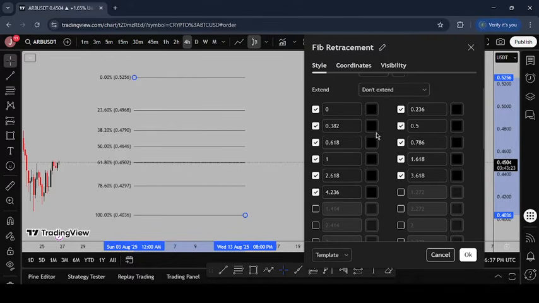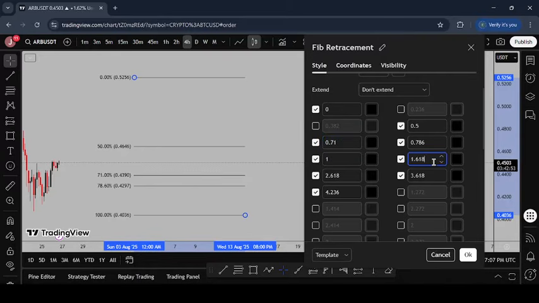So for the fib levels, I take out the 0.2 level, I don't need it. The 0.38, I don't need it. 0.61, I don't need it. 0.76, 78.6%. I change this 0.618 to 0.71. Okay, and I use 7.6. I had this at 0.88.